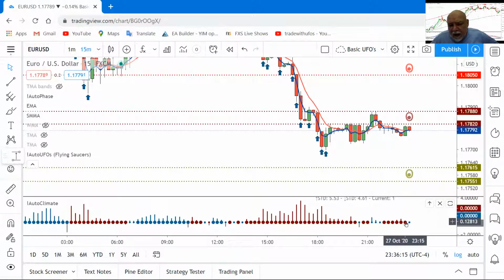And the climate basically is now indicating that the downward move is basically ended, and we're in the first period of a changeover, but we don't know what direction, because it's a small dot. Okay, it's a small dot.